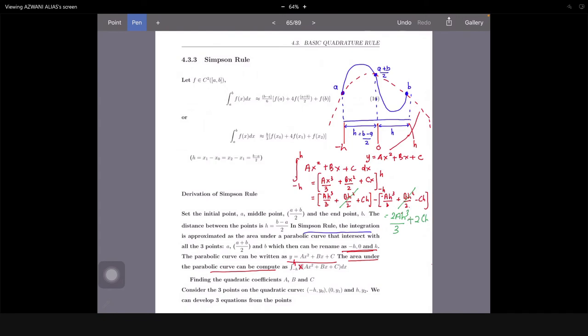Alright. Finding the quadratic. Okay, so sekarang ni apa yang dia nak buat adalah dia nak find the value of A, B and C. Finding the quadratic coefficient. So dia perlukan 3 function lah untuk mencari 3 unknowns ni. Consider the 3 points on the quadratic curve which is H, negative H. The value dia adalah Y0. Pada negative H ni adalah Y0.